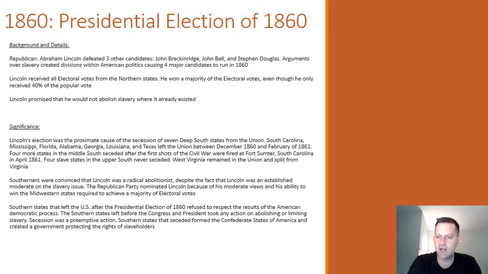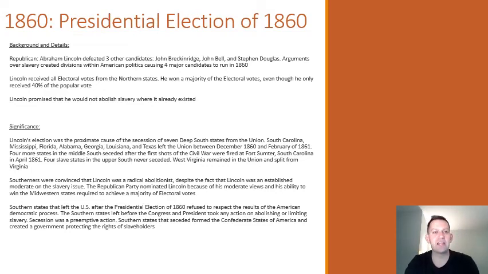So the Southern Democrats pick one person, the Northern Democrats pick another, and that basically splits up the Democratic vote. John Bell argued that we should just compromise and ignore slavery altogether, right? Even though the country was ready to explode over the issue of slavery, John Bell made the argument, if we just don't bring it up and we avoid it and we try to compromise, everything will be okay. That was definitely not the solution at this point.